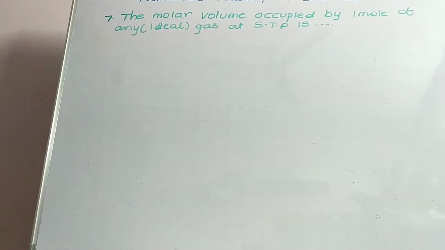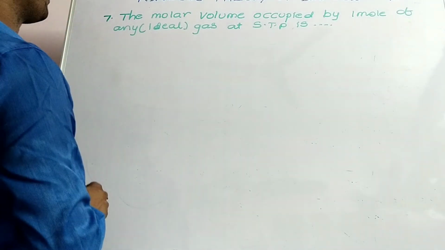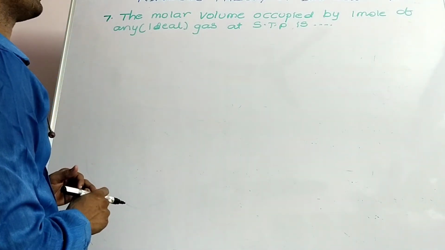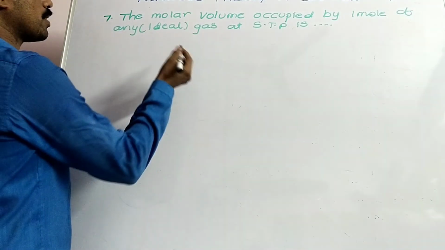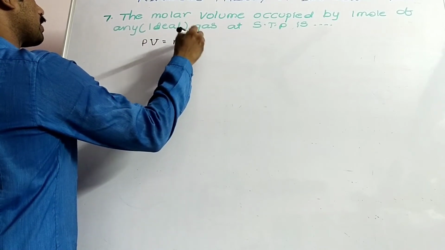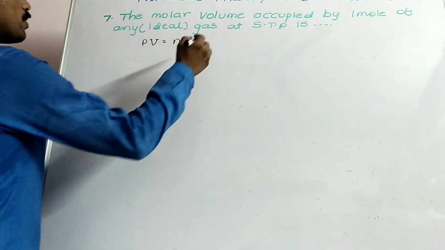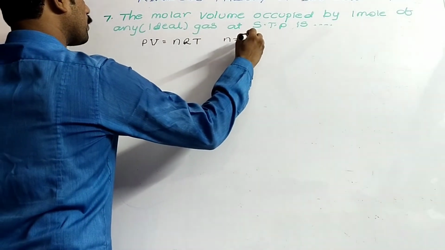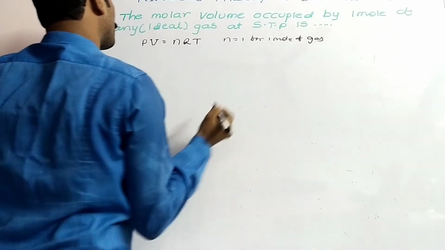Now the molar volume occupied by 1 mole of any gas or ideal gas at STP: we know the equation of state or ideal gas equation, PV is equal to nRT. The molar volume occupied by 1 mole of gas is given, that's why we have to take n is equal to 1 for 1 mole of gas.